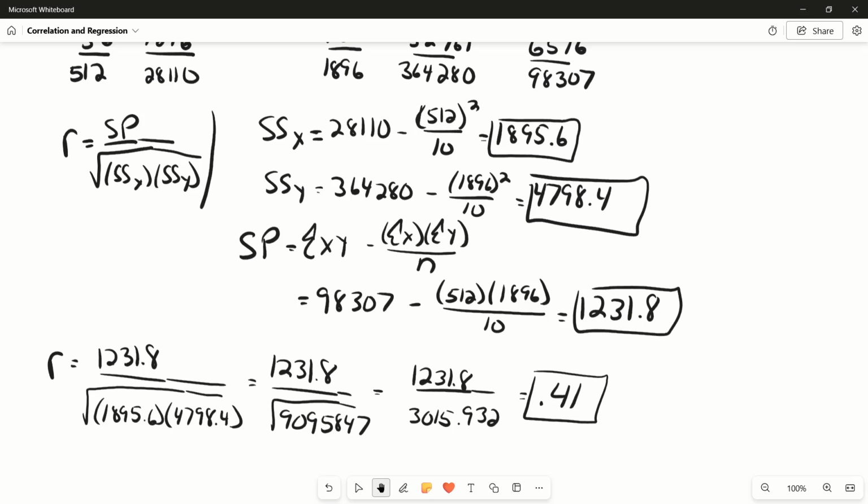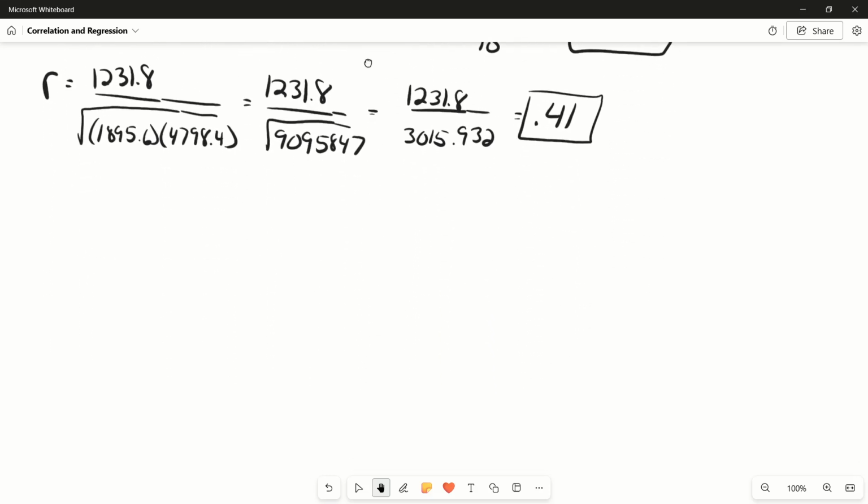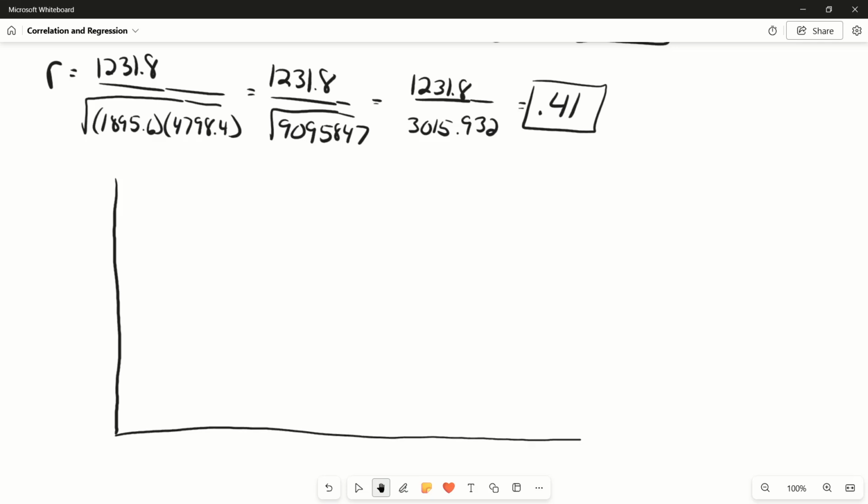Now you can make a big graph for the scatter plot if you want. The range for x, lowest value of x is 31. The highest value is 74. So 30 to 74 is a difference of 44.